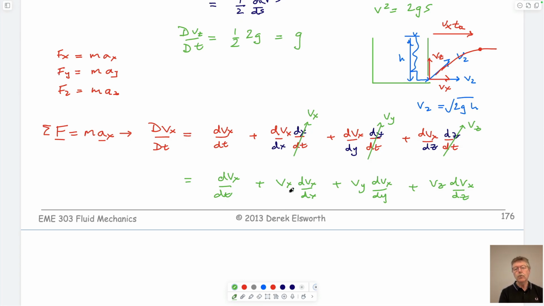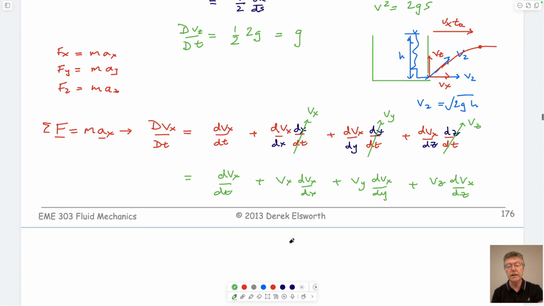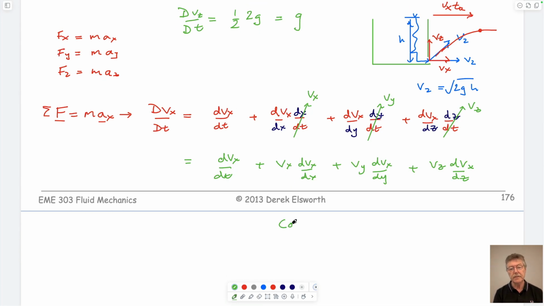So it means that if we know what the velocities are, as you plot my velocity with x as I go across this room, if you know the slope of that line and its magnitude of velocity, you have dvx/dx, which is the slope, and you have the velocity at that point. And so you can calculate exactly what my acceleration in the x direction is from this so-called convective acceleration.